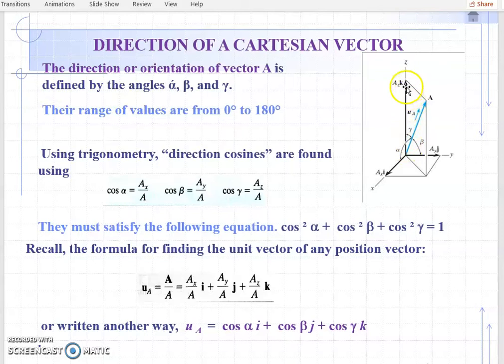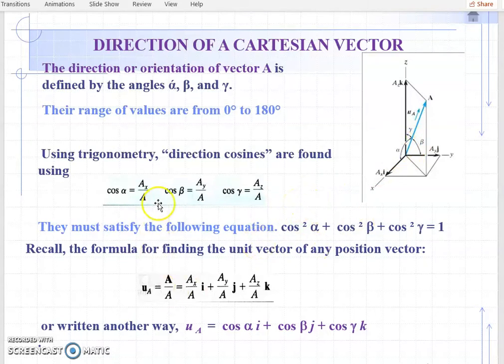So you've got your Az here and your A prime up here. Then the cosine would be the adjacent, which is Az over A. And that's going to be true for any of them. So the cosines of these direction angles are called the direction cosines. The cosine is nice because it's 0 to 180. That covers pretty much the whole spectrum if you have 3 of them.